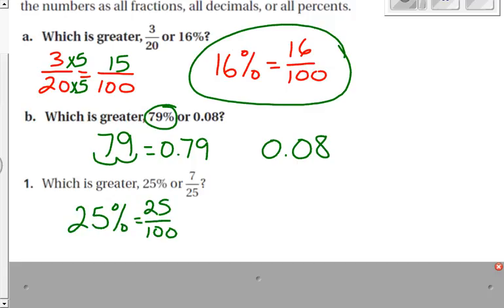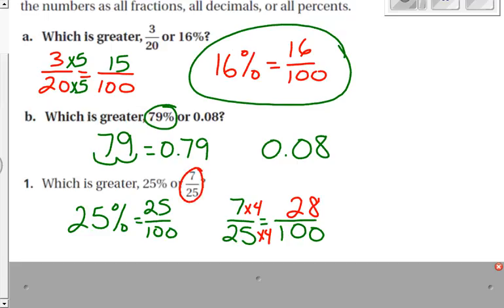So we need to find a common denominator, which is going to be 100. And we know that 25 times 4 gives me 100, so 7 times 4 gives me 28. So we look at our top numbers, 25 and 28. 28 is bigger, so we know that 7 over 25 is the greater number.